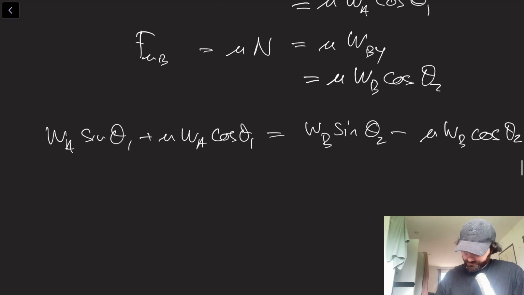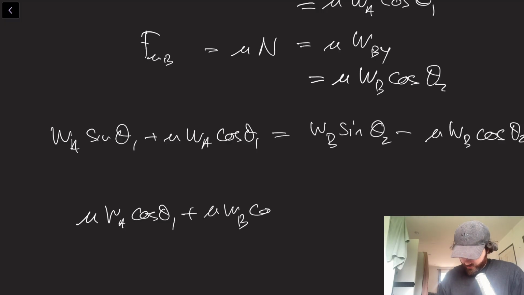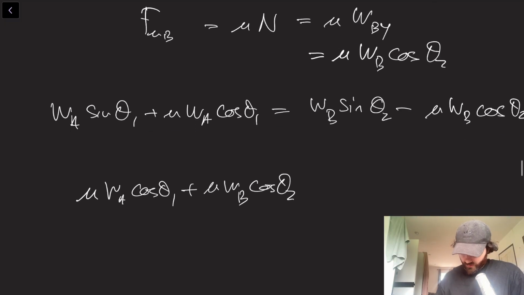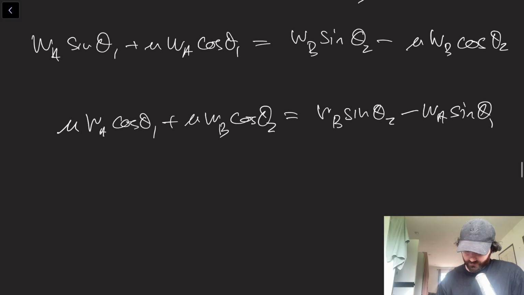Okay, so now we rearrange for mu. We get mu of WA cos of theta 1 plus mu of WB cos of theta 2 equals WB sine theta 2 minus WA sine theta 1.